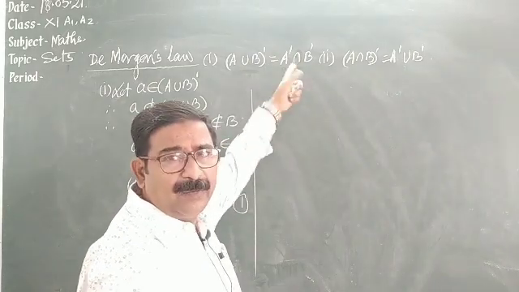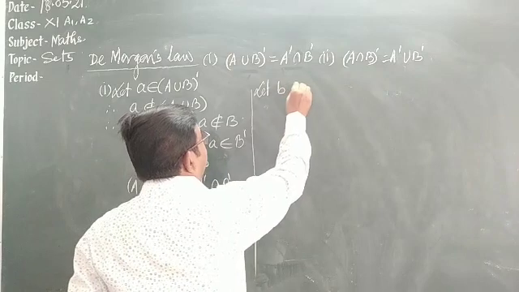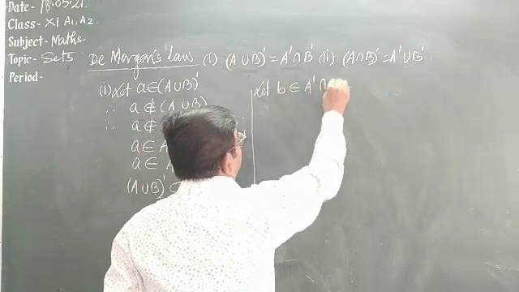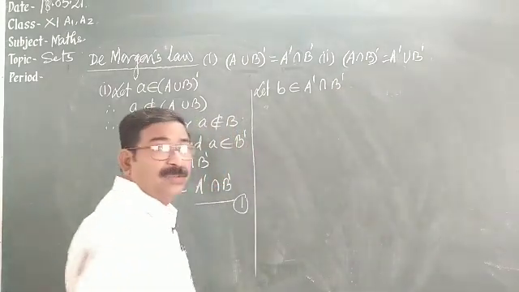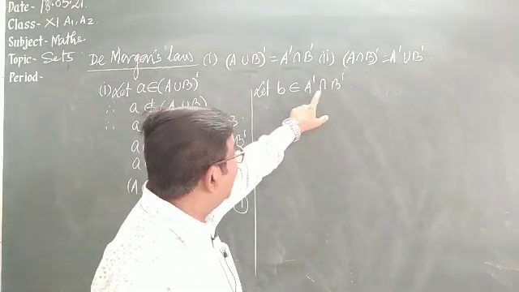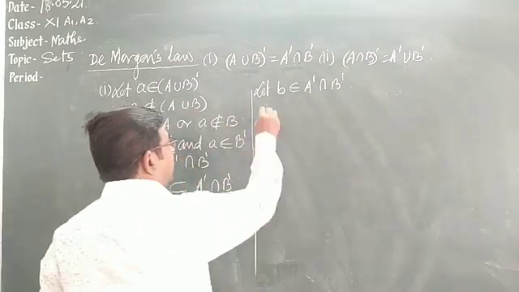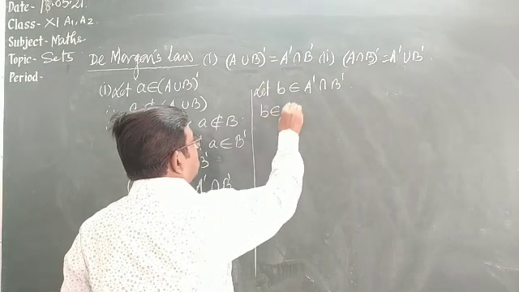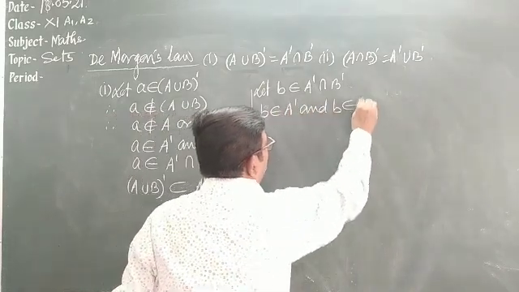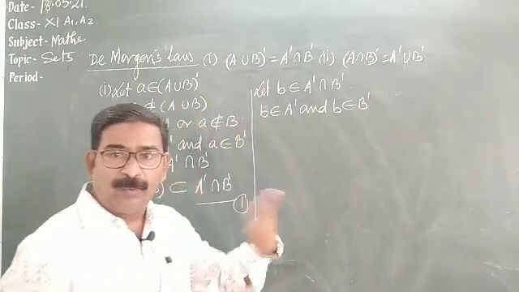So let b be any other element of the second set, let b belong to A dash intersection B dash. It means b is found in A dash and b is found in B dash, because it is an intersection, so it will be found in both.